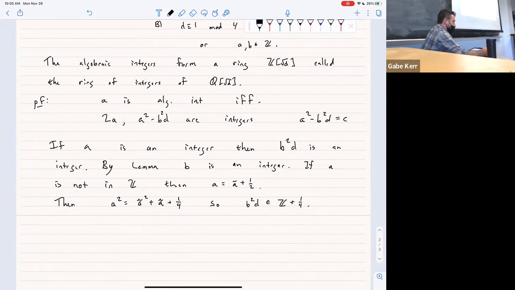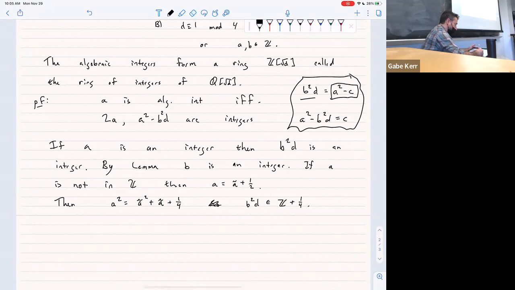So if a is an integer, then I can just rearrange it: b squared d equals a squared minus, sorry, a squared minus c. These are both integers, so we get that this is an integer. So that's okay. Here everything's okay, but I think maybe it'd be better if I did it like I'm doing it.